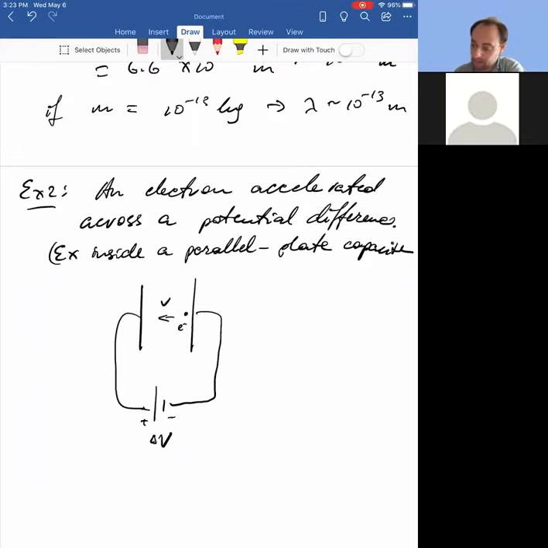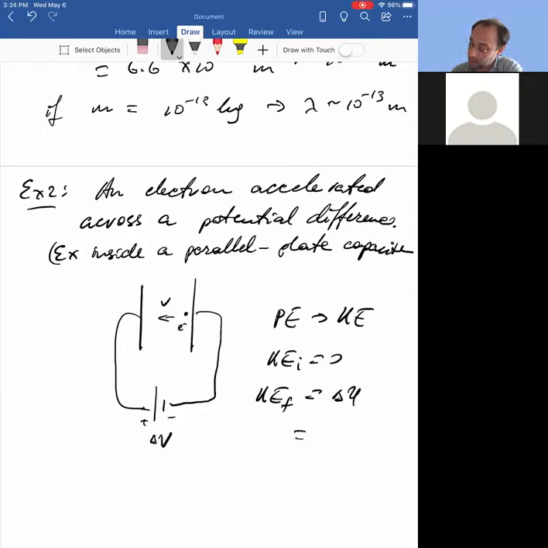Okay, let's do the calculation. Well, what's the electric field? No, not the electric field. I'm sorry. What's the kinetic energy? Right. So the electron exchanges potential energy for kinetic energy. So Ke initial equals 0. Ke final equals the change in the potential energy, right?